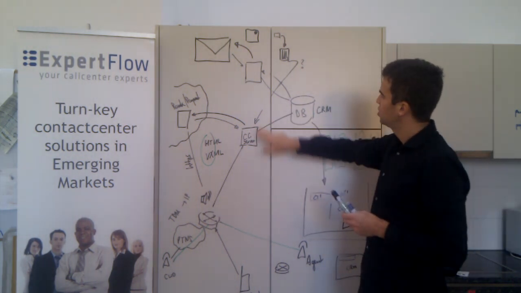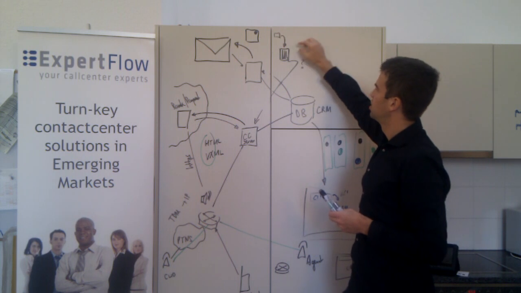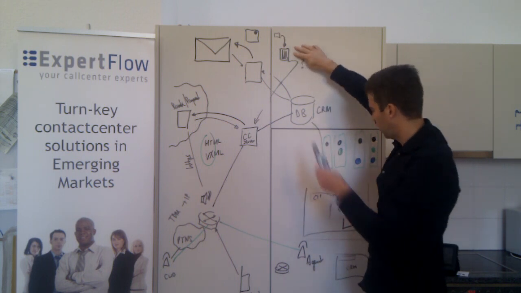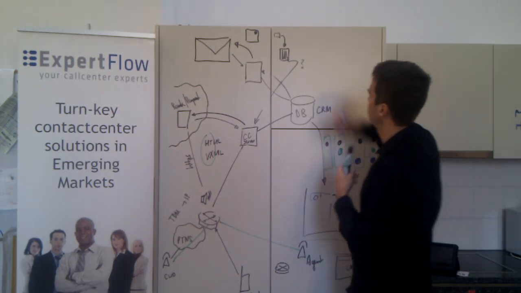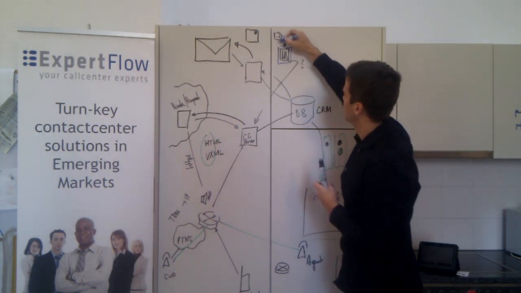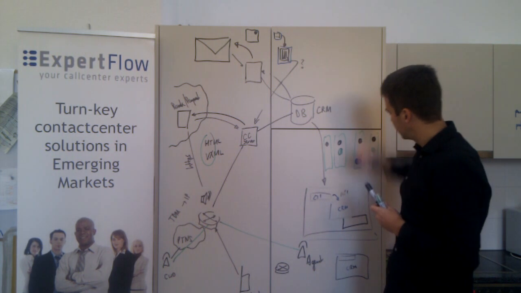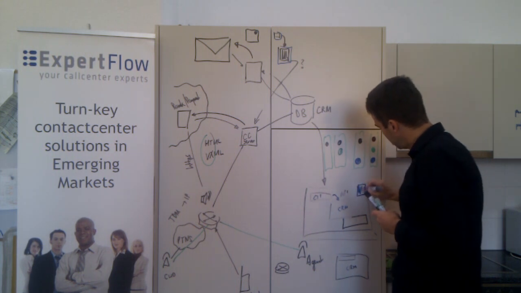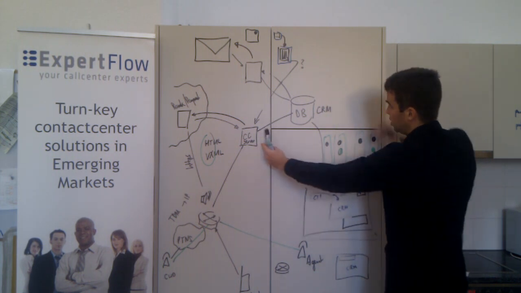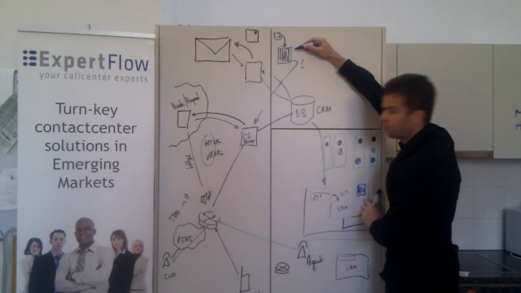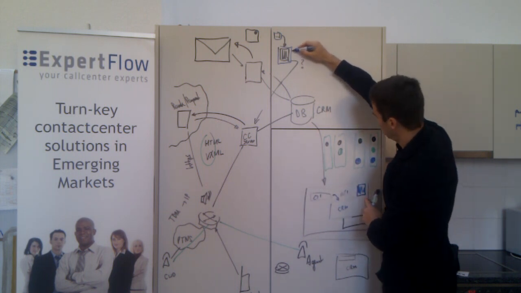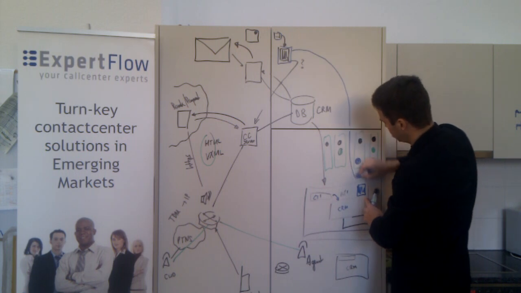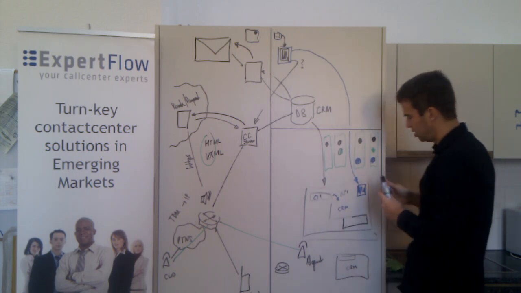and if you have an SMS client, let's take the color is blue here. So if the SMS server has an SMS client, the contact center will tell the server that on this workstation an agent has become available and that the server should push an SMS session, for example, to this agent desktop, and then the agent would be working with your SMS application to treat this particular SMS.